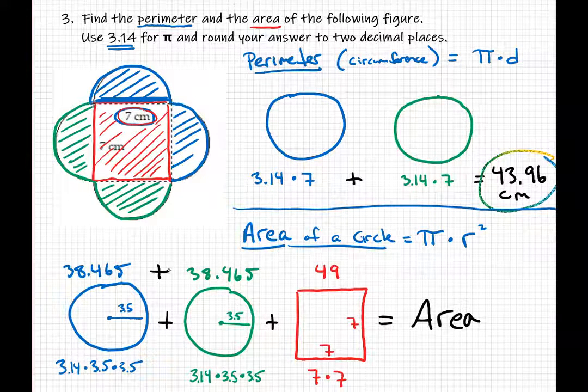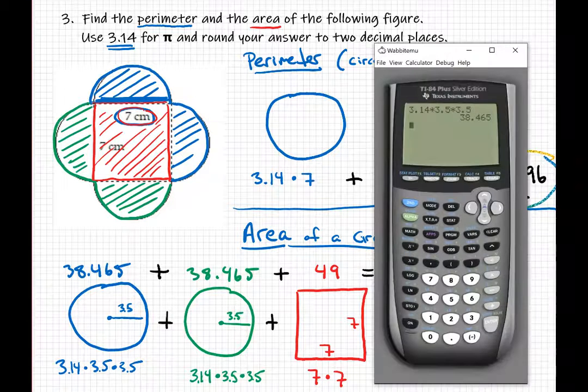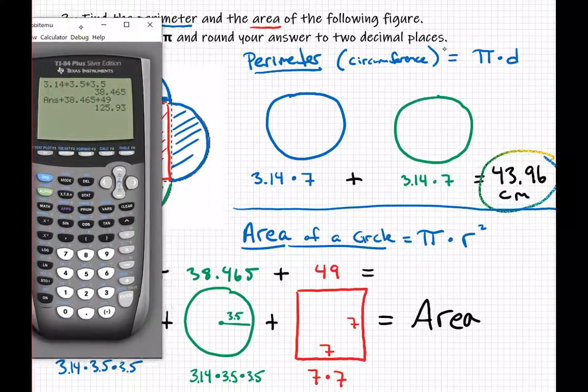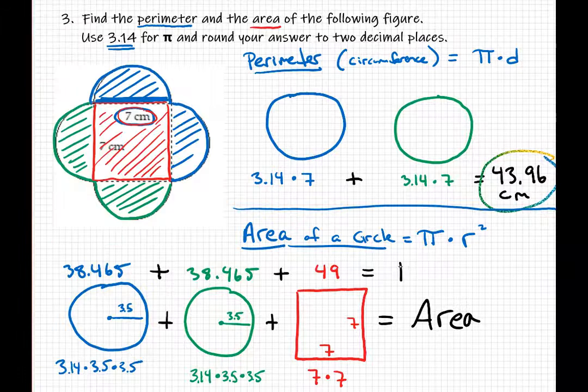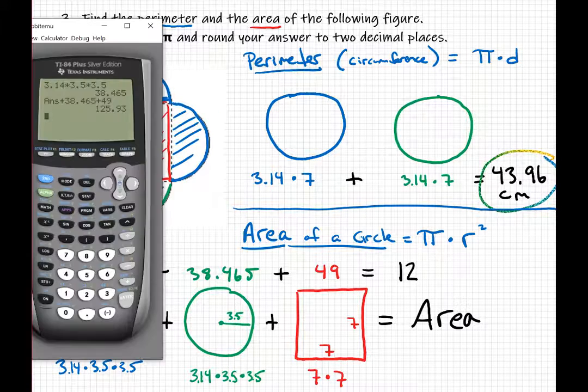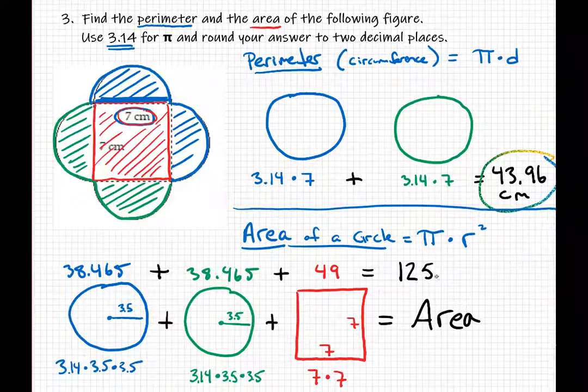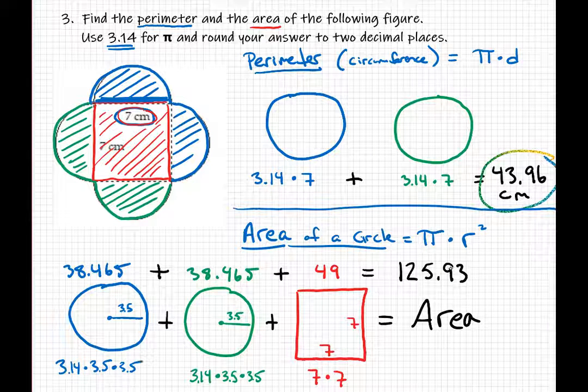All right, and that should give us our area. Okay, so we'll take that, add another 38.465, and we'll add the 49. Okay, 125.93, and this is square centimeters.